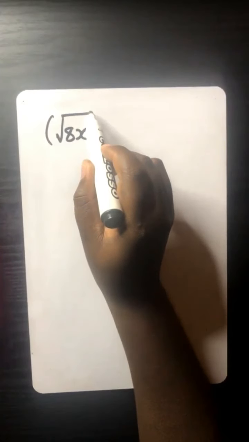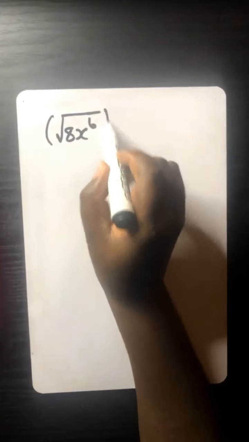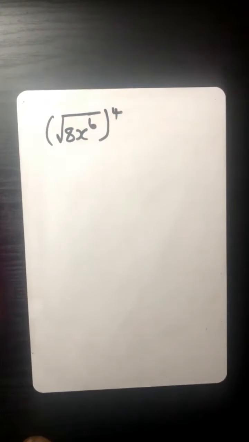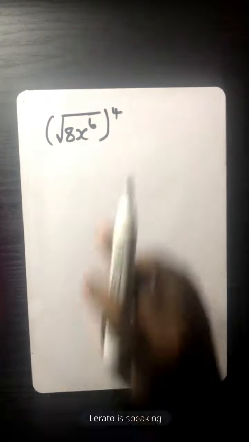But now, let's try this one: the square root of 8x to the exponent 6, to the exponent 4. Let's try to simplify this without using a calculator.